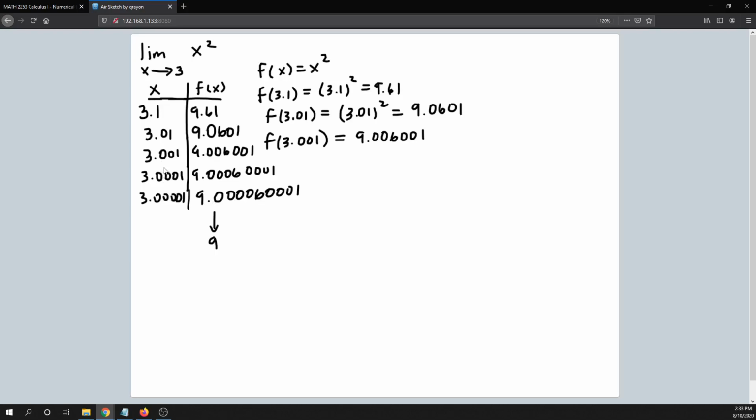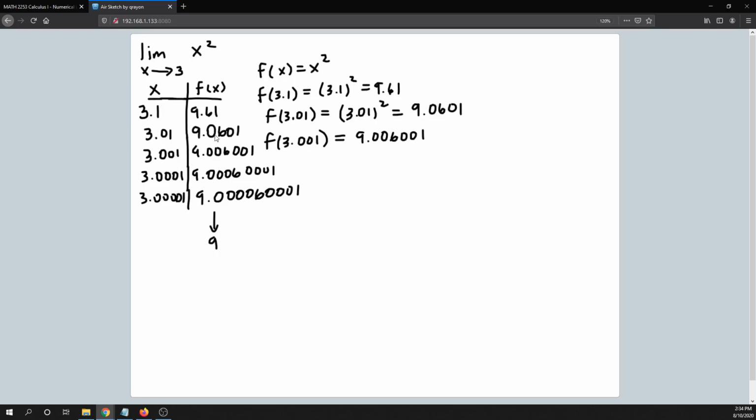For this problem, the answer is no, but in general, the answer to that question is yes, you could get an incorrect answer if you do it this way. That's why this method of numerical limits is pretty good to show you the idea of what the limit means, but in the long run, it's not really great for calculating limits like this.